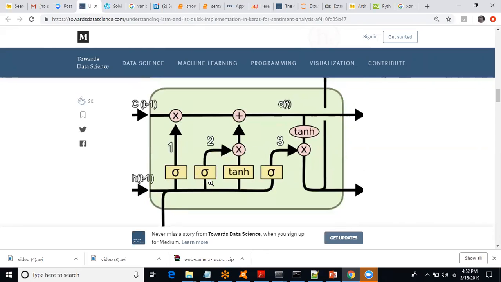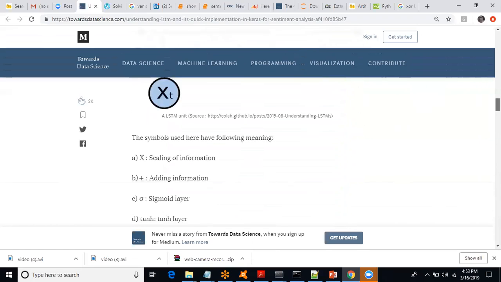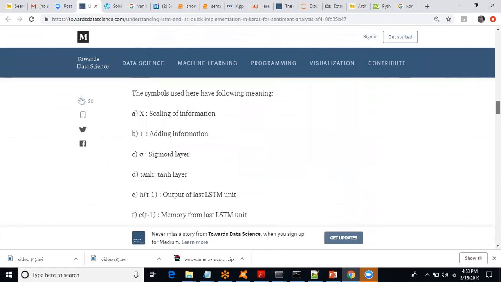Then we talked about applying sigmoid and tanh together to get all the valid information. This will only pass the valid information and give you the list of valid information. This will be saved here in the plus node, so plus is for adding information.